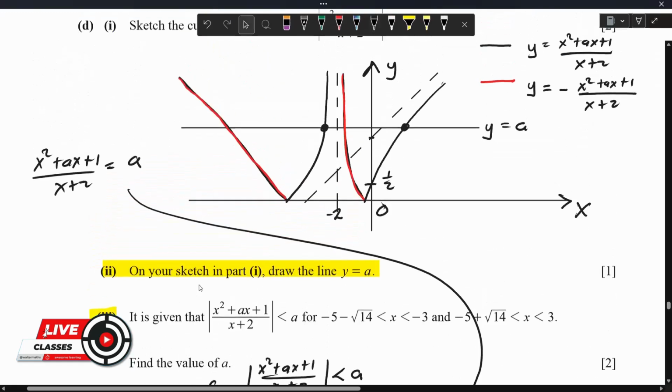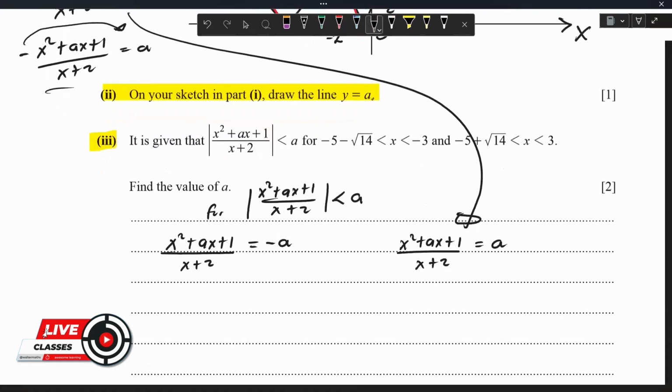And where the line y is equal to a intersects with the red line, this one and this one here, minus of (x squared plus ax plus 1) over (x plus 2) intersects with the line a, which is the same as, if we take the negative sign to the left, equal to minus a. So this equation is equivalent to this. Basically we're trying to find those points of intersection. Okay, are you tracking?